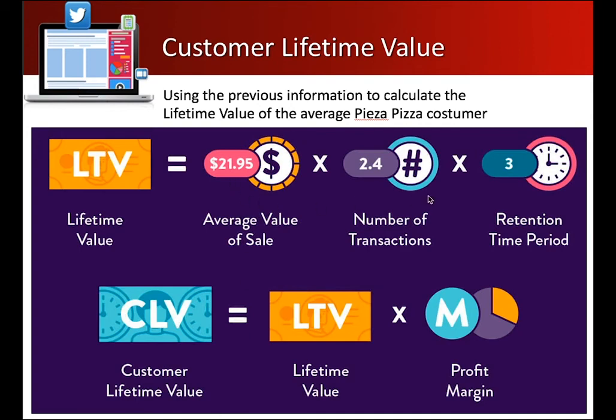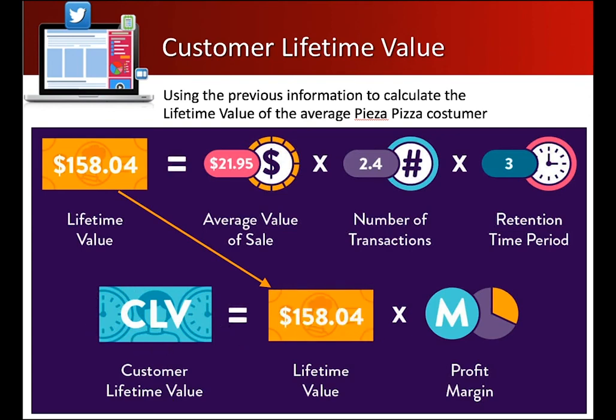Then you multiply these 3 elements and the result is your lifetime value, which is $158.04. So you take that value and place it right here to calculate your customer lifetime value. Then you need the profit margin. So let's go see what the profit margin for the pizzeria is.